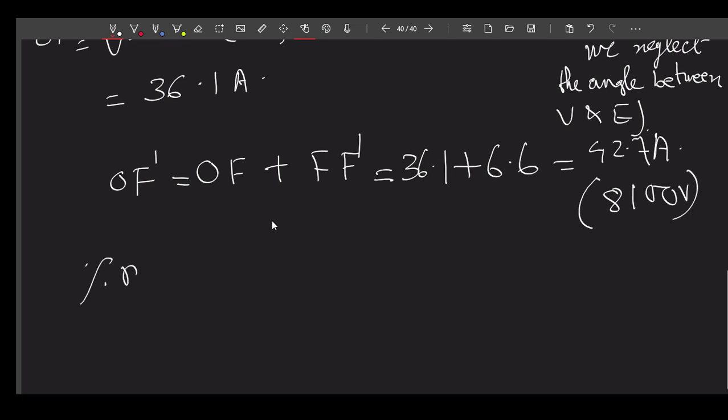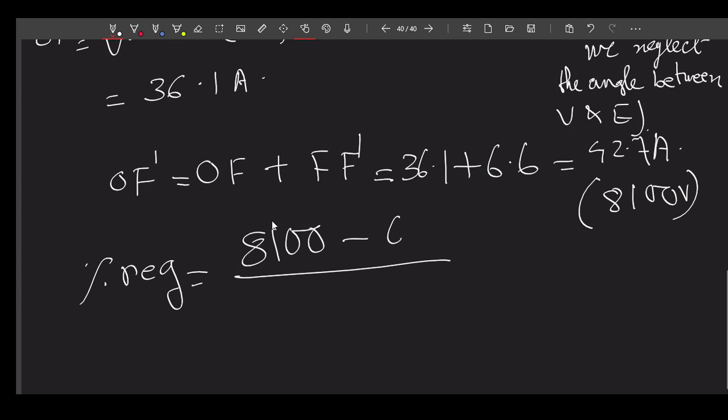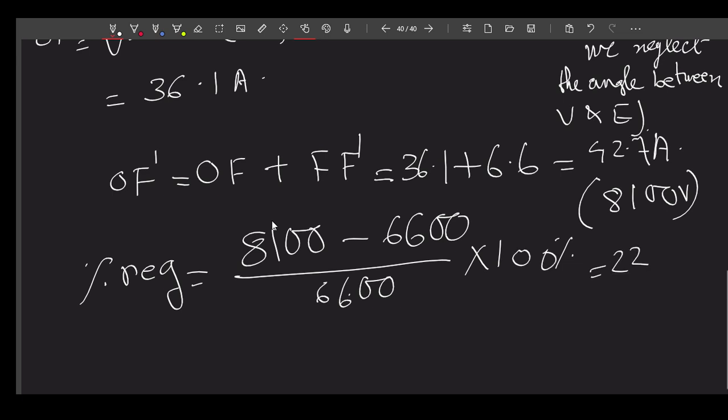So percentage regulation would be, efficiency remains the same, so no need to calculate efficiency separately. Okay, now let us go to the next problem.